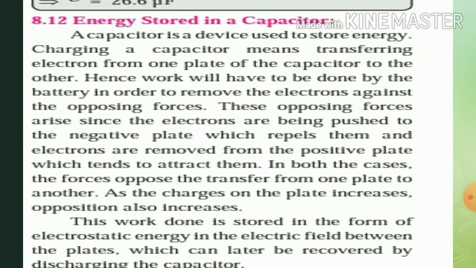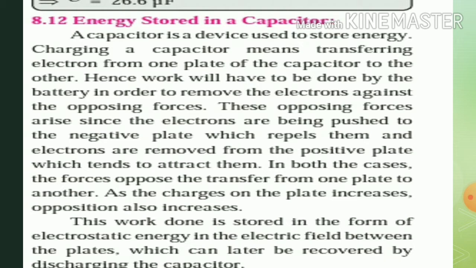In this derivation we find the relation between capacity, charge and potential, and in terms of these, the energy of the charged capacitor or condenser.